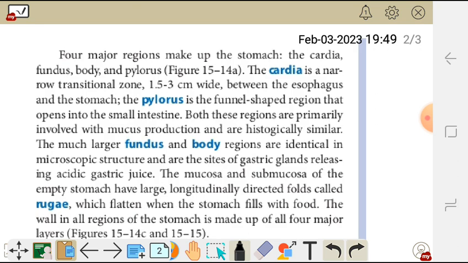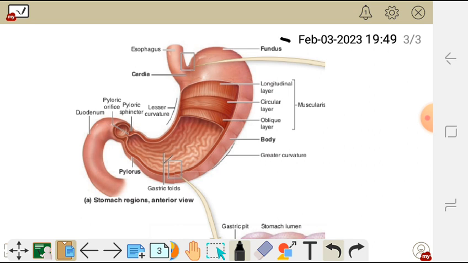Now let's move on to the major regions. The stomach is made up of four major regions, which are the cardia, the fundus, the body, and the pylorus. Let's just see these four major regions. We have the fundus, which is the upper part of the stomach, and then we have the cardia.